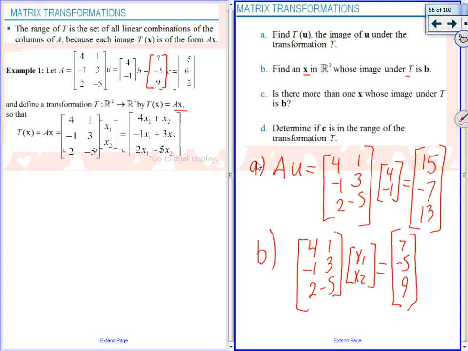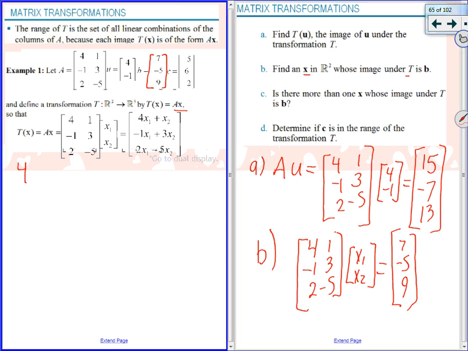So you have a couple choices there. You can either set up an augmented matrix and do elementary row operations, or we have actually more information than we need to solve this system. I'm going to go over here for this one: 4x1 plus x2 would equal 7.